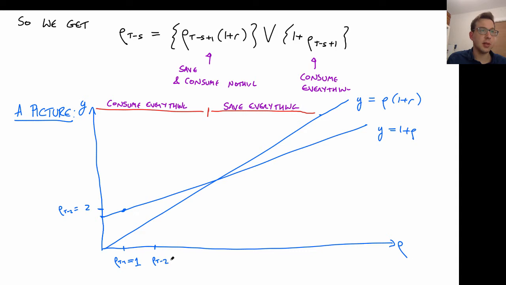Rho of T minus 2 is equal to 2, and I can look up here and get the next value. Once again we see this line is above, so it means consume everything, and I can keep on going.